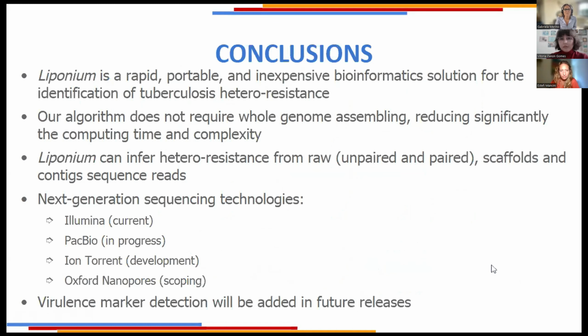So, to conclude our presentation, Liponium is a rapid, portable, and inexpensive bioinformatics solution for the identification of tuberculosis heteroresistance.